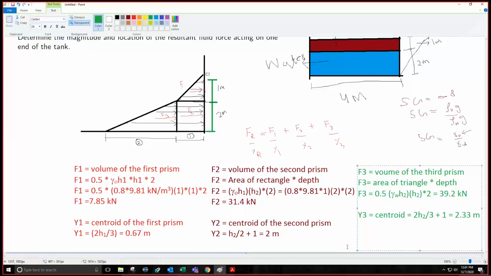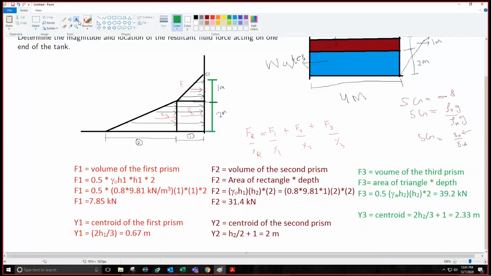Now the resultant force. Resultant force is simply the sum of these three. So we write the resultant force here.